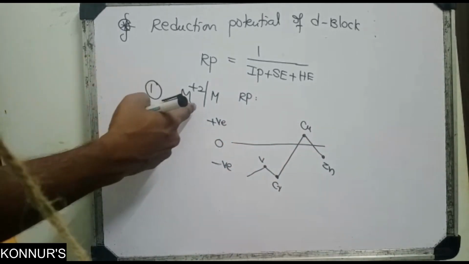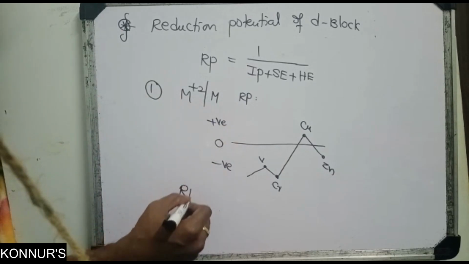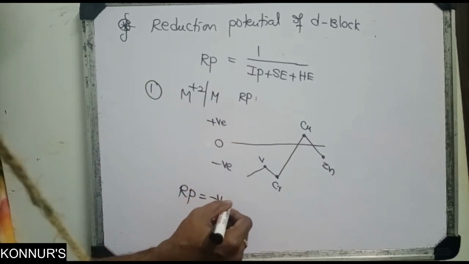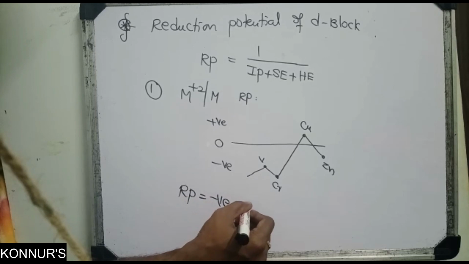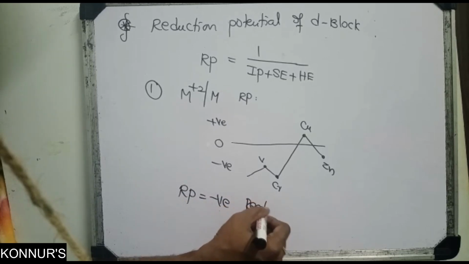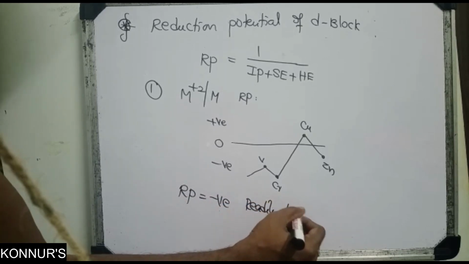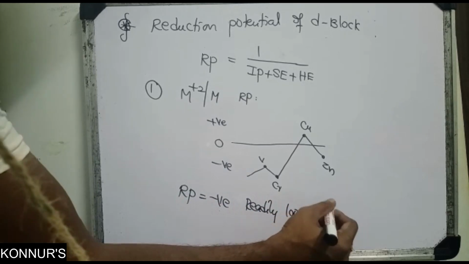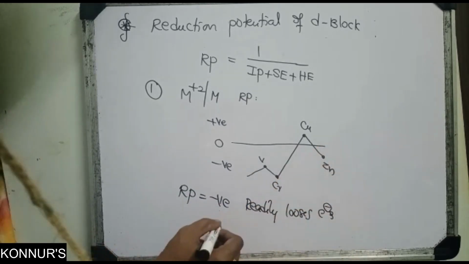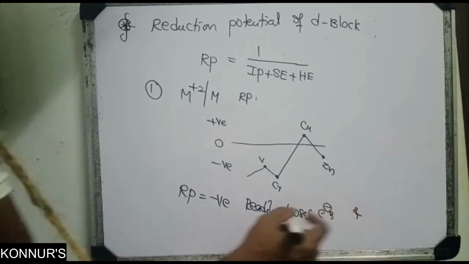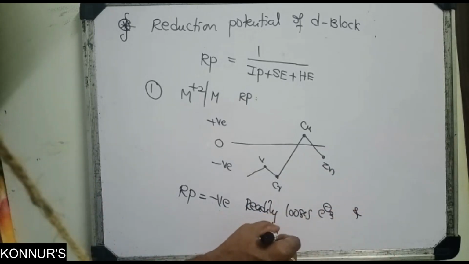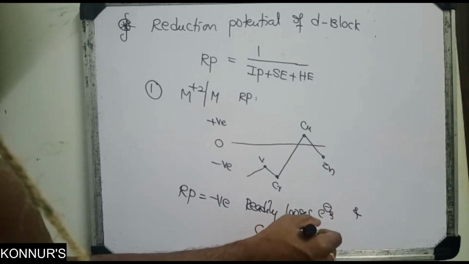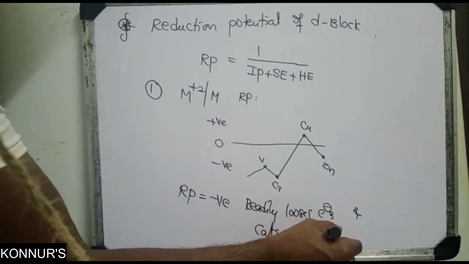A negative reduction potential value means the element readily loses electrons, and that cation is stable.